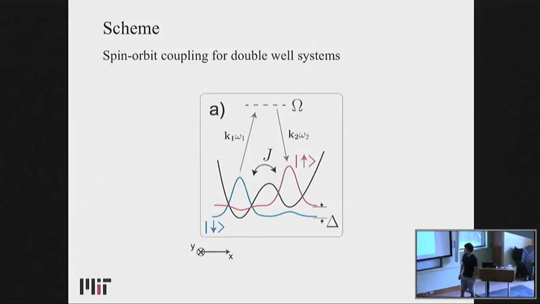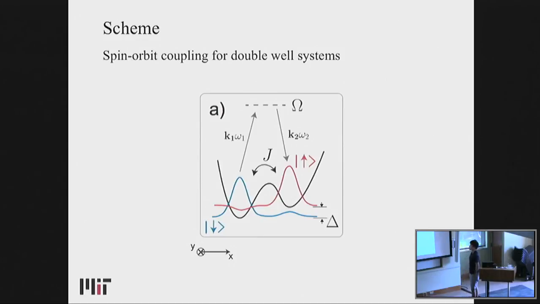To understand the scheme, it's cleaner to start from a single double well potential. Say we have a double well potential here, and the two wells have an offset energy delta, and there's a tunneling J between the atoms in the two wells.